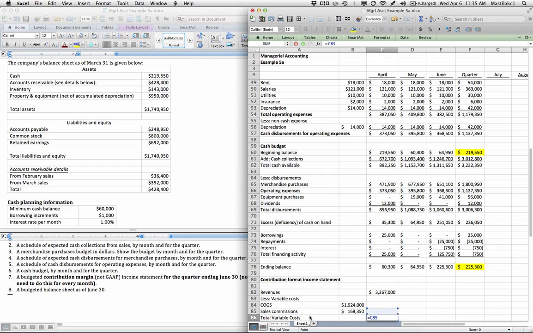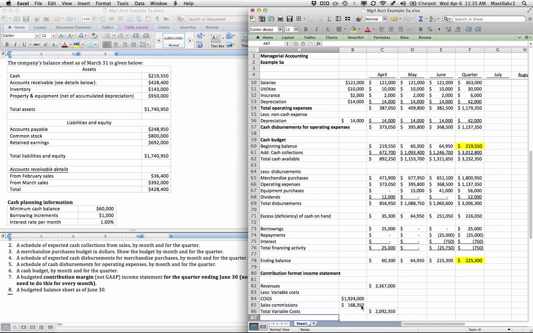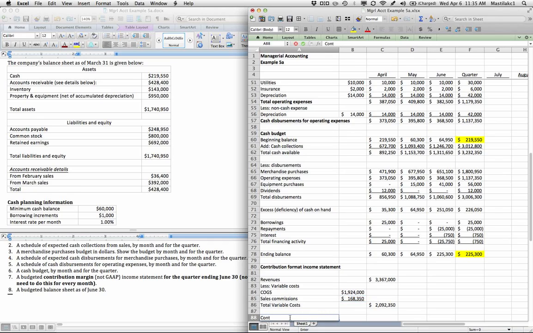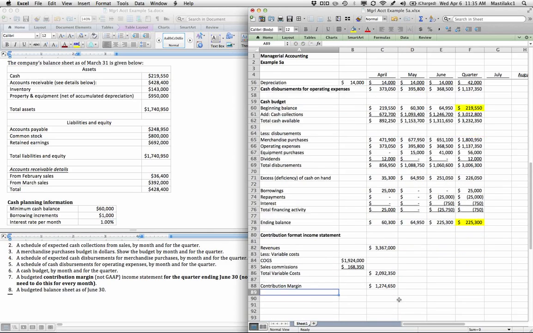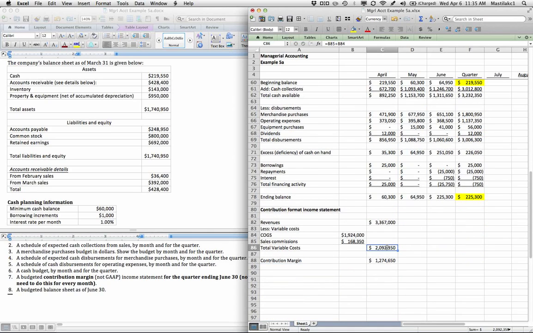So our total variable costs is going to be $2,092,350. And so our contribution margin for the quarter is the difference there, or $1,274,650.